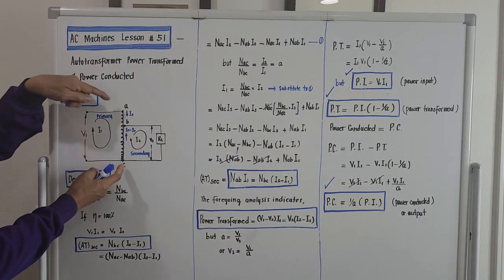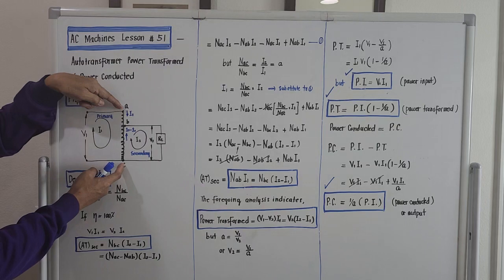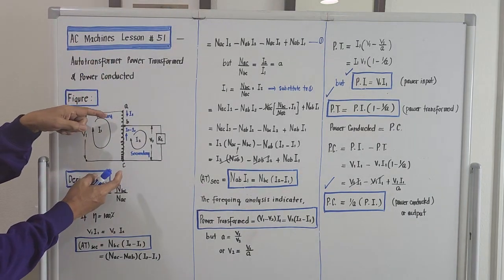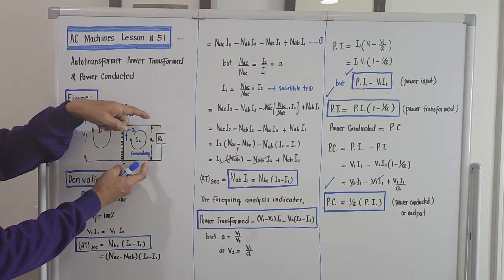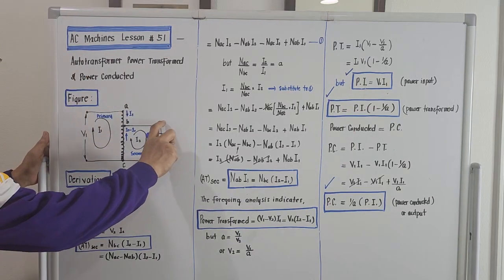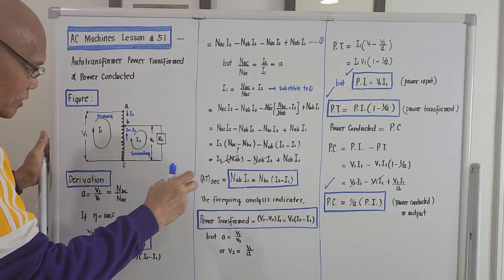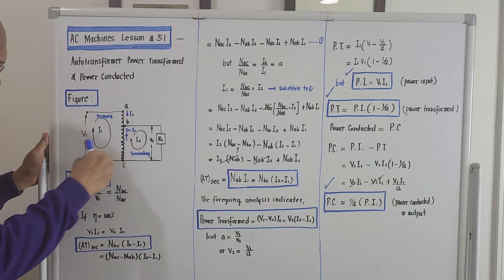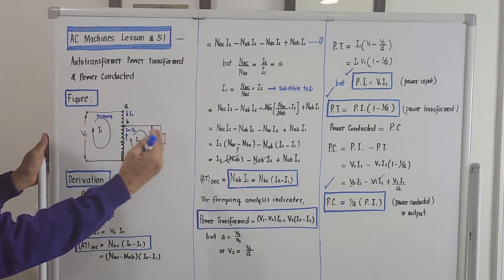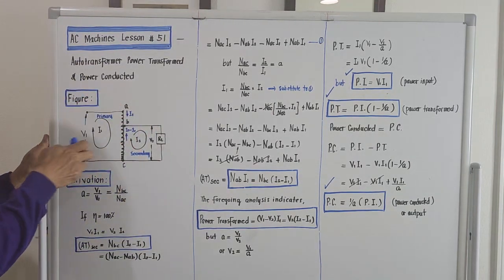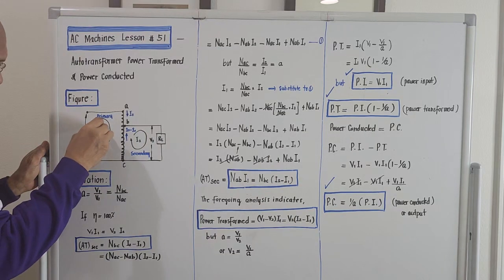The complete winding A to C is the primary winding, and the complete winding from B to C is the secondary winding. This is the load placed on the secondary. The current circulating on the left loop, I mark it as I1.